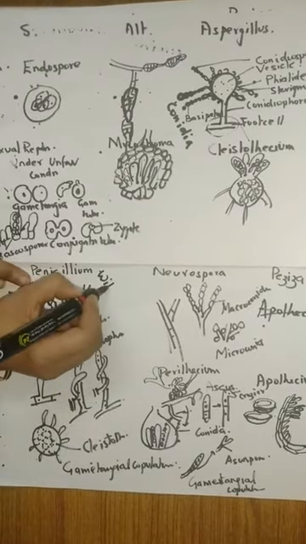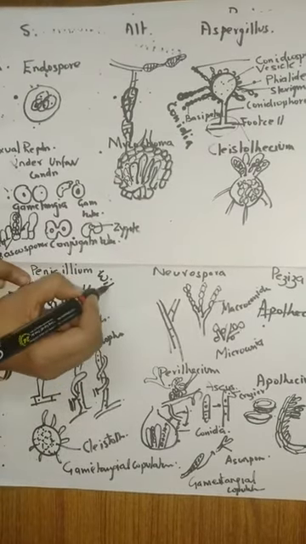And this happens by gametangial copulation, that is, the two gametangia, two unicellular parts or fragments, unite by a beak-like structure, and the nuclei fuse together and form the zygote. From this zygote, the naked asci are produced on the stroma.